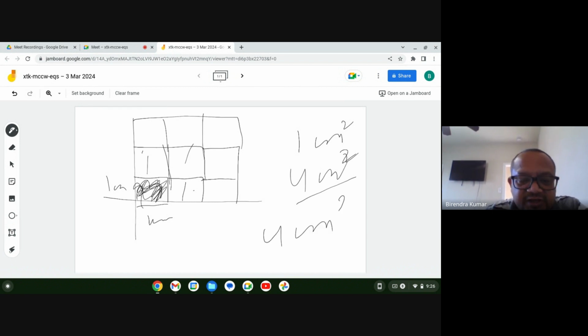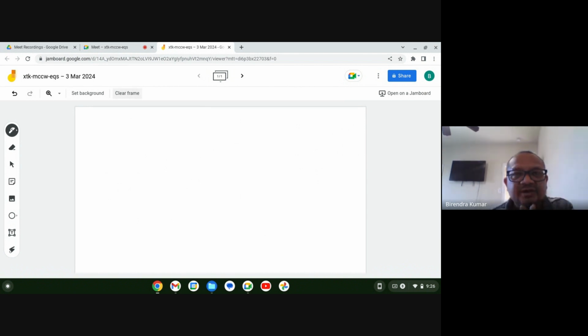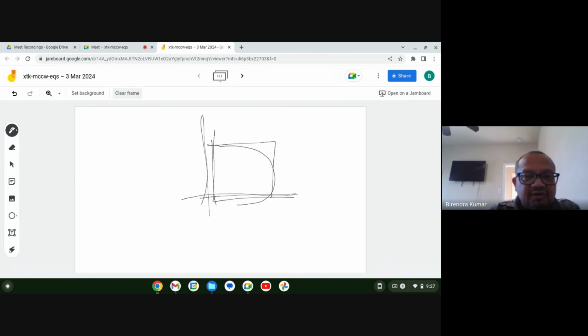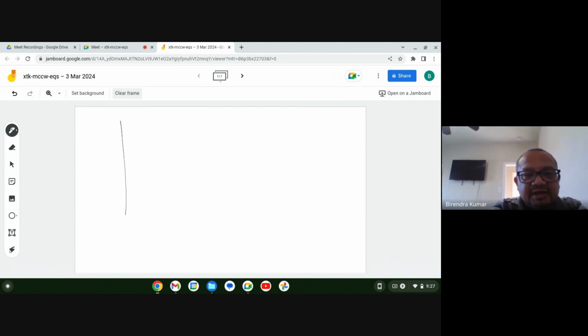Now I'll tell you why it is. When you're saying area, in a very simplistic way, area is always something that denotes two sides. Meaning on a two dimension, it has length and width component. If you're looking at a rectangle, it has length and width.